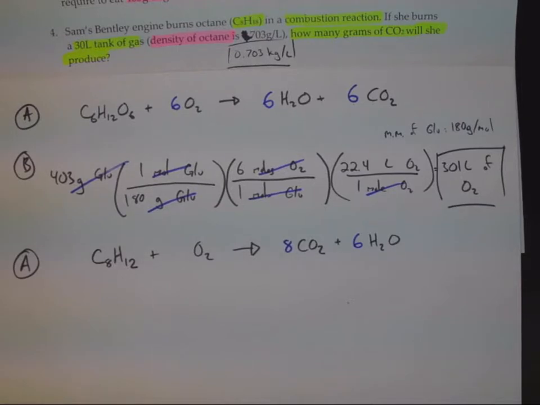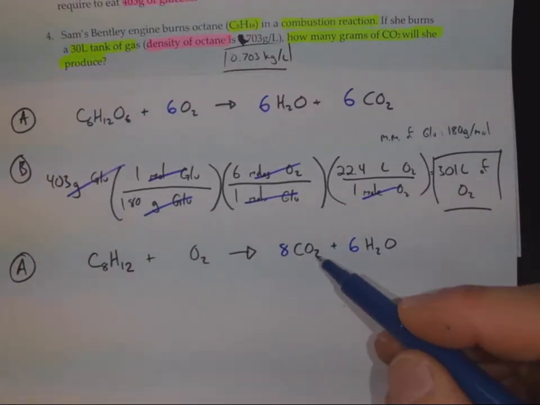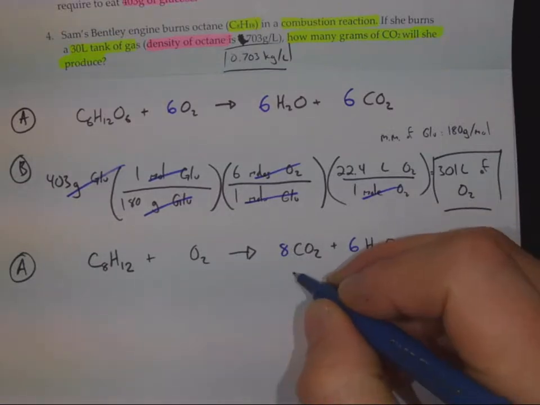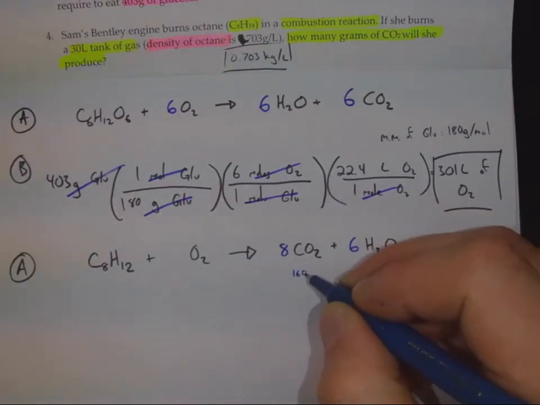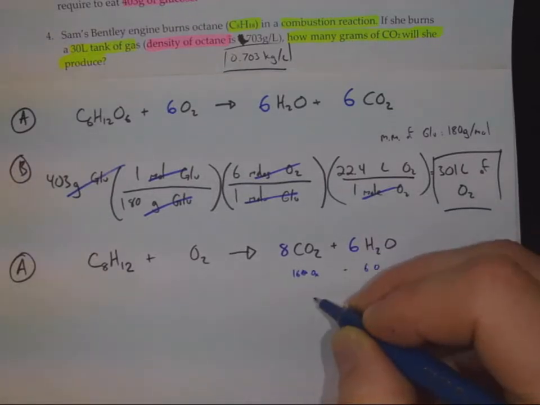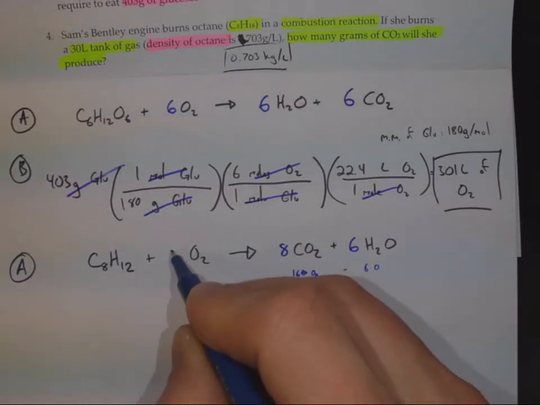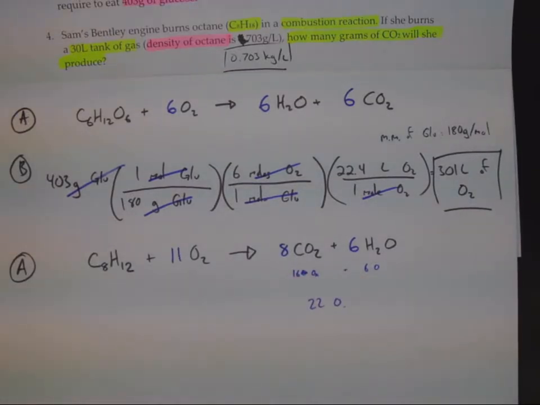Oh, maybe this isn't going to be so bad after all. Okay, cool. Now for oxygens, I can count 8 times 2, that's 16 oxygens here, plus 9 oxygens. So in total, we have 25 oxygens. So we need 25 oxygens here, so I'm going to put a 12.5 there. Okay, so there's a balanced reaction.